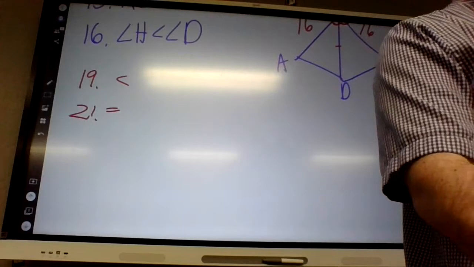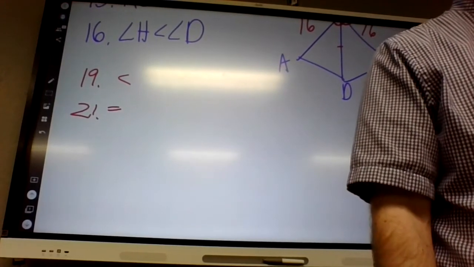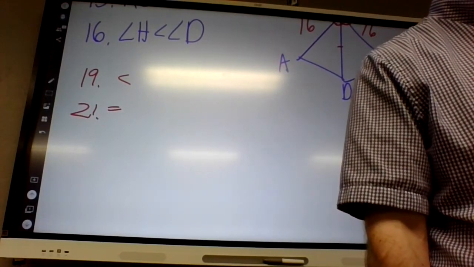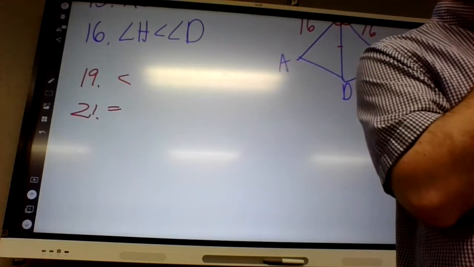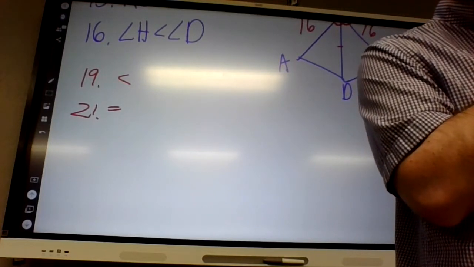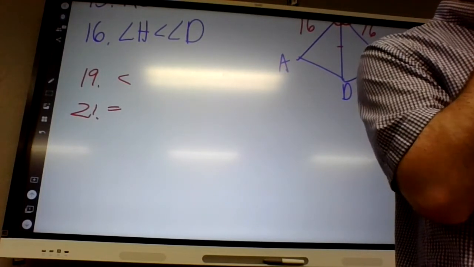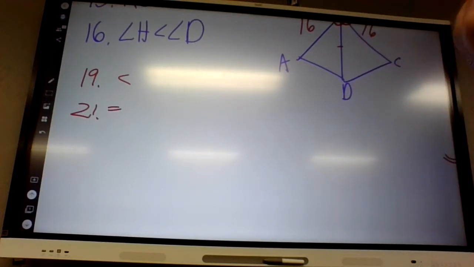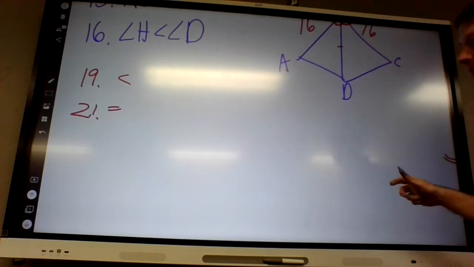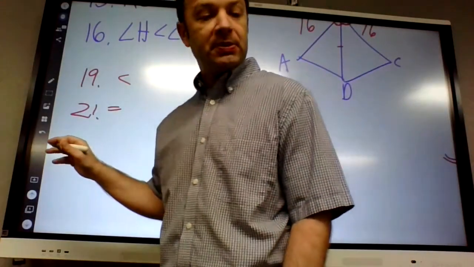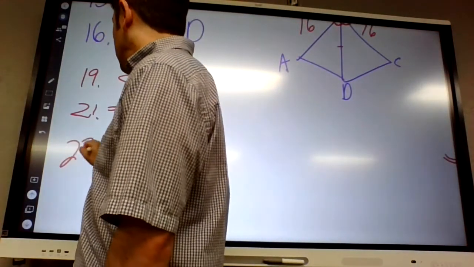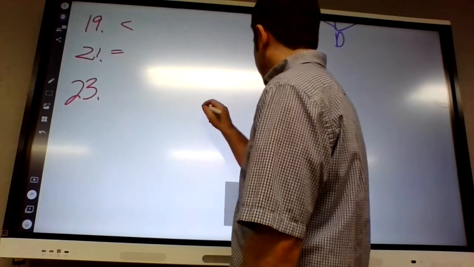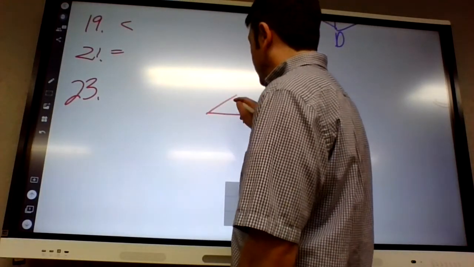Okay, 23. Easy to do, kind of hard to remember. Find the range of possible lengths for the third side of a triangle with the two given sides. So, let me do a little picture here to give a visual.